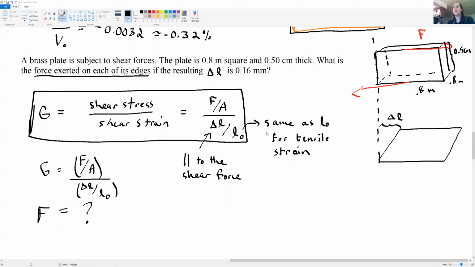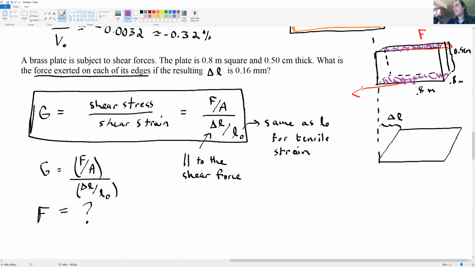Okay, let's start with the area. The area is where the force is being applied. Let me highlight it in purple. The area of this piece at the top and the area down here at the bottom are assumed to be the same.